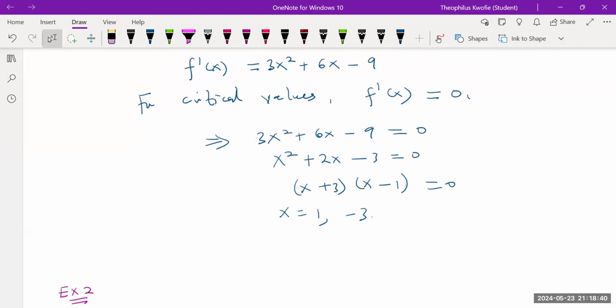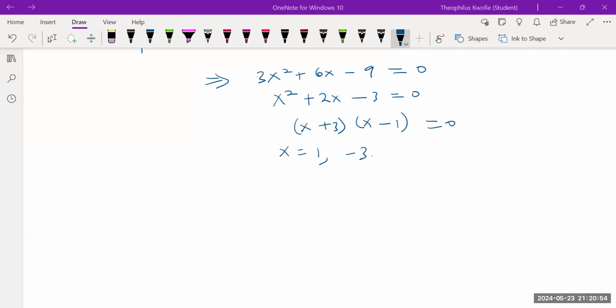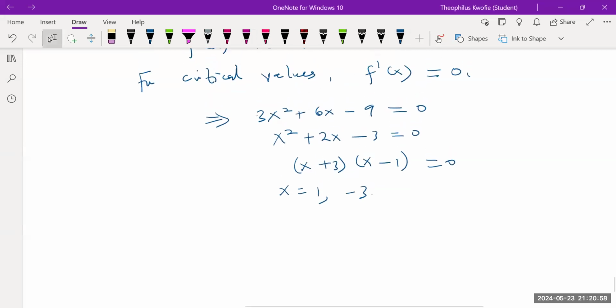So at this point, we are using the second derivative test. Let me indicate something here.